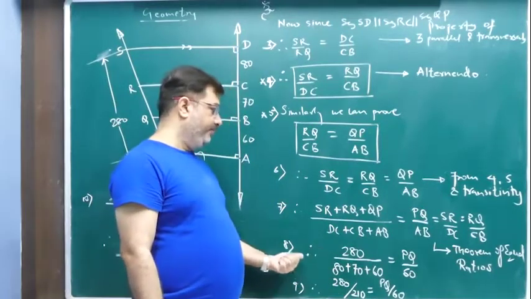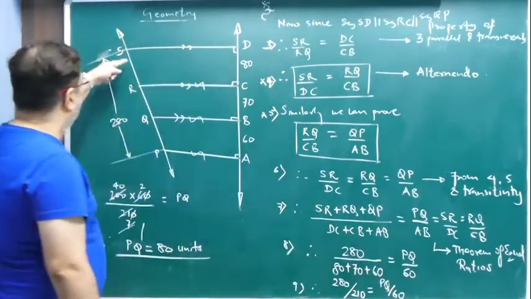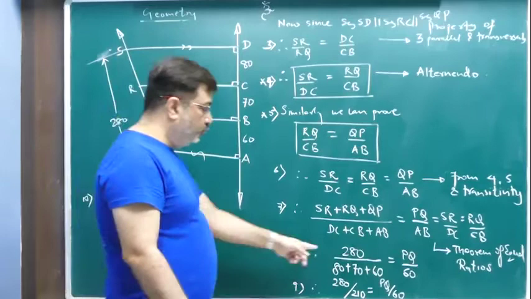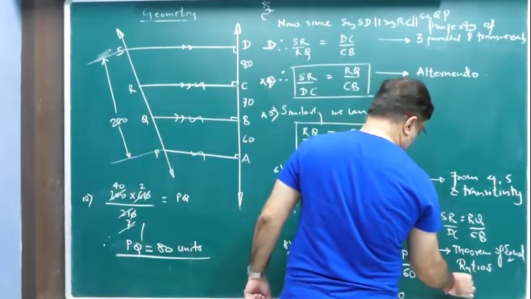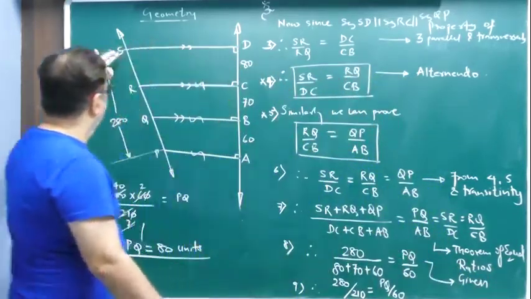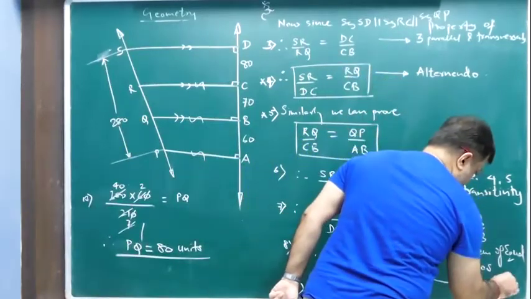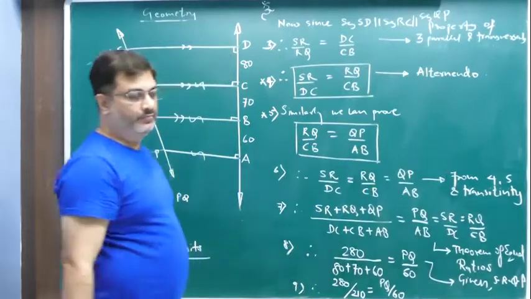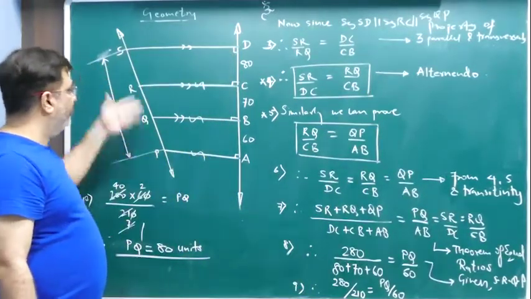Okay. Next. Now, what is SR plus RQ plus QP? How much? What is that? 280. So this we are given. Given, and S dash R dash Q dash P. So the reason is given and S dash R dash Q dash P. These are collinear points.